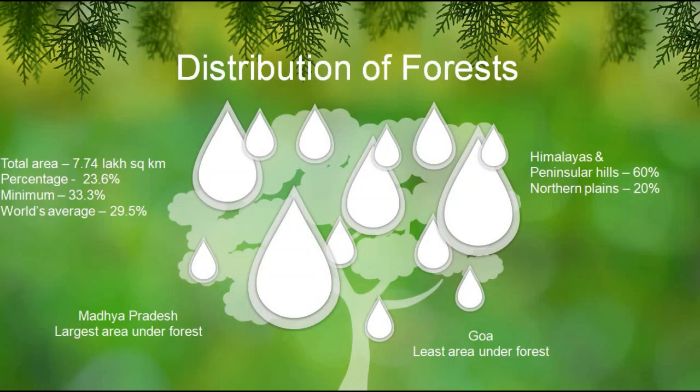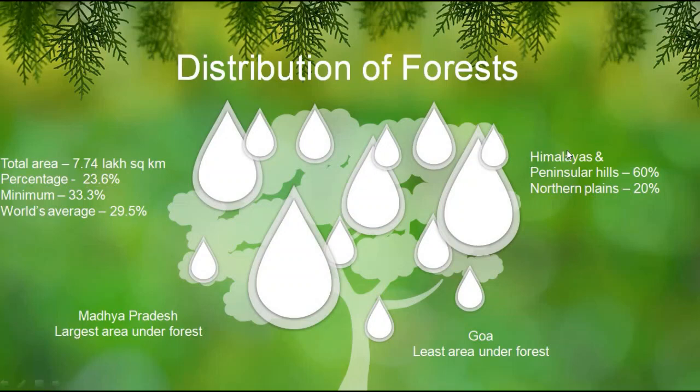Actually, it is very less. The minimum forest necessary in a country is 33.3%, and the world's average is 29.5%. India's average is less than that. So we have to increase the forest. We are cutting the forest. That is not good.